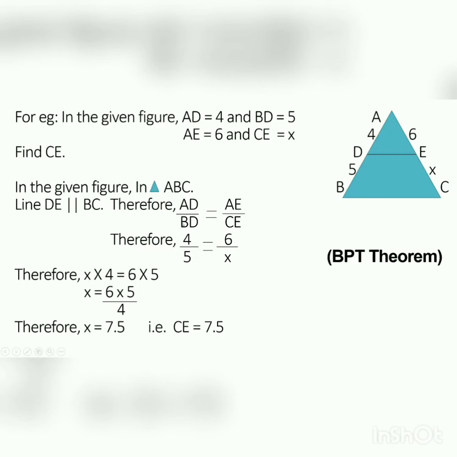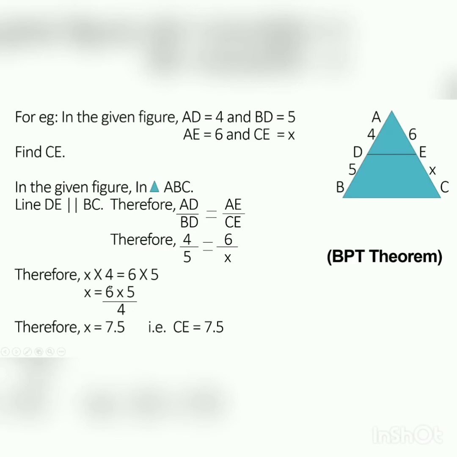Therefore, putting the values of AD, BD, AE, 4 upon 5 is equal to 6 upon X. After cross multiplication, X into 4 is equal to 6 into 5. Therefore, X is equal to 6 into 5 upon 4. 2 3s are 6, 2 2s are 4.